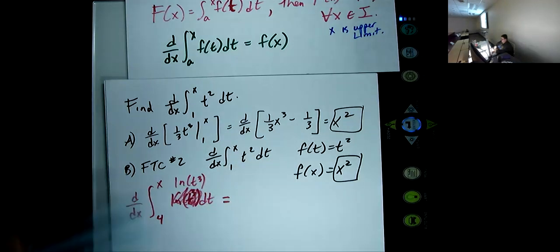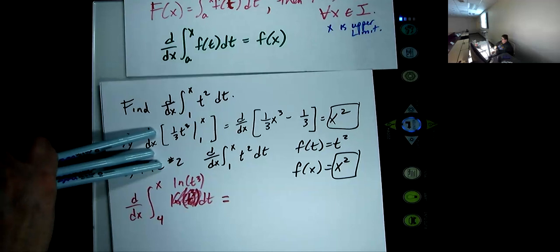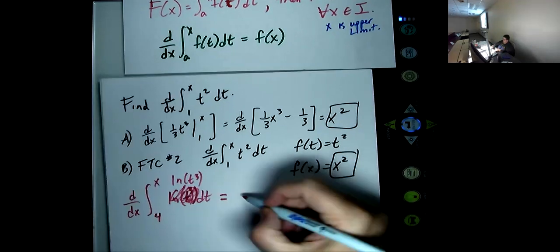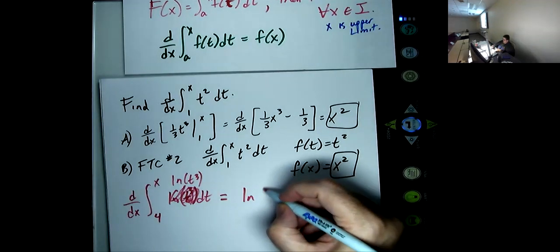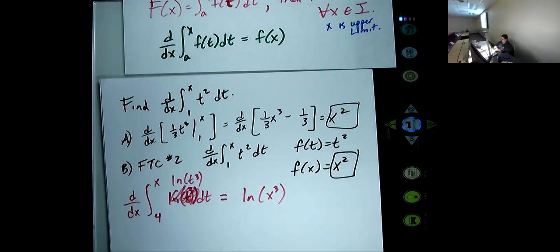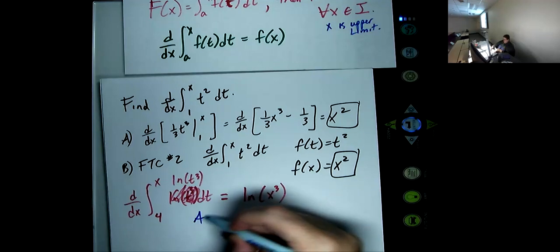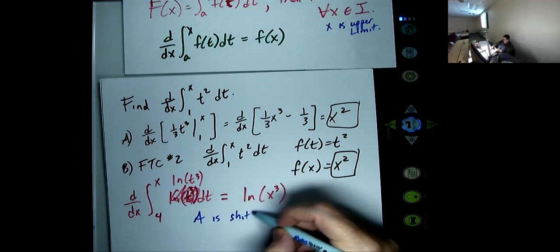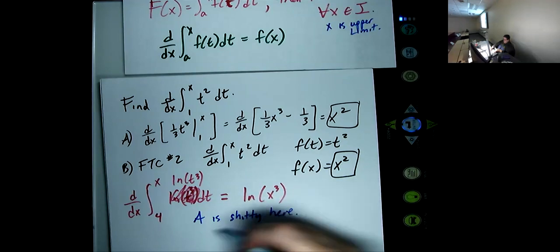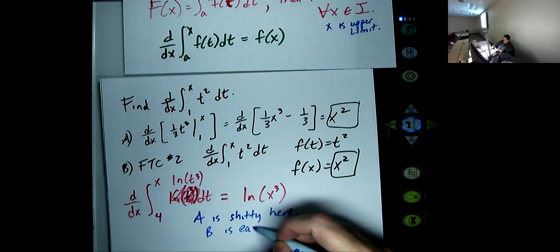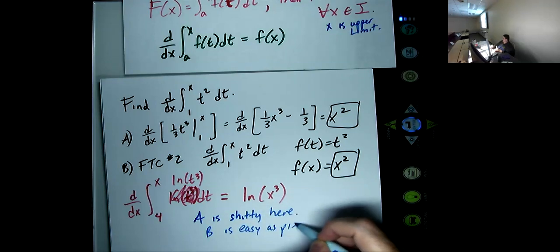You really want to go through and try to do all this work up here? No. Jump to evaluating it at the upper limit. So A is a bad method on this one. B is easy as pie. You just have to remember it.